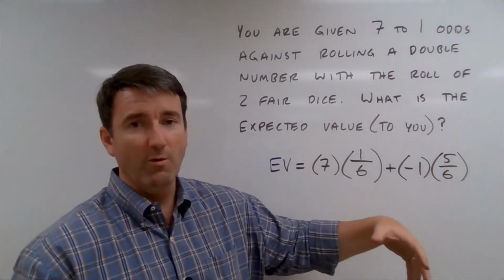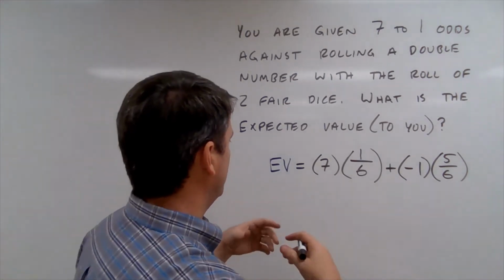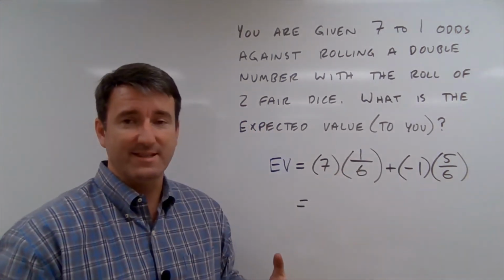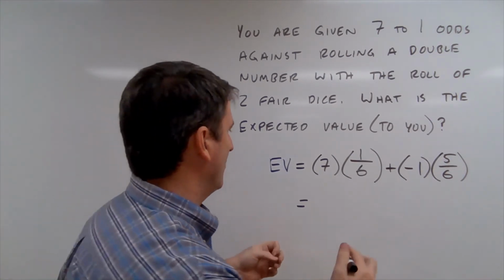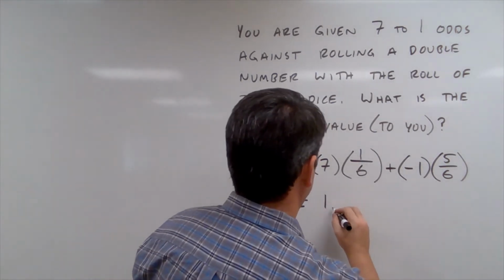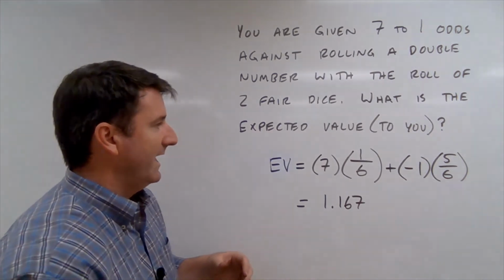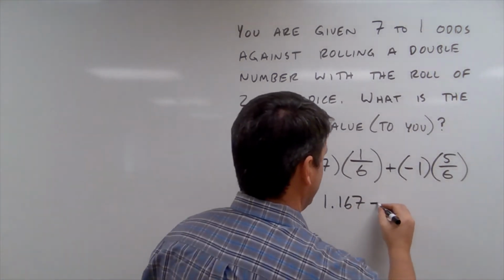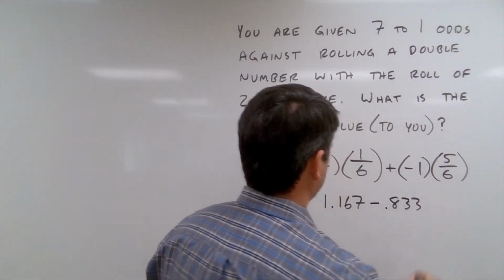So let's look at what the overall expected value is to us of this game. So 7 times 1/6 is 7/6, which, since we're talking about money, we're going to want to put in a decimal. So this is going to be about 1.167. And then -1 times 5/6 is going to be negative 0.833.